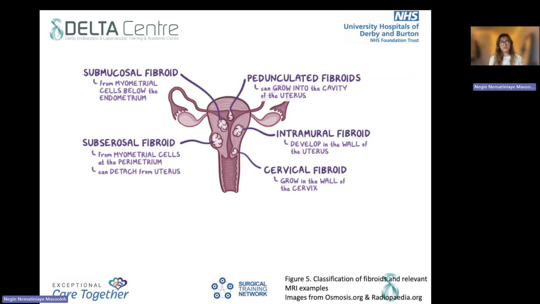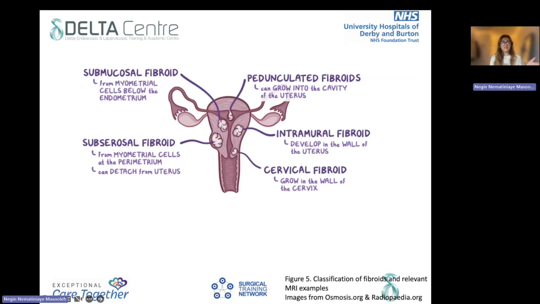We said these are made within the myometrium of the uterus, but we have different sections of the myometrium. We've got cervical fibroids, which are in the myometrium close to the cervix. Then we have intramural fibroids, which are within the myometrium.